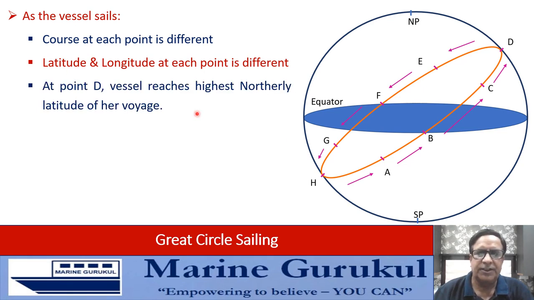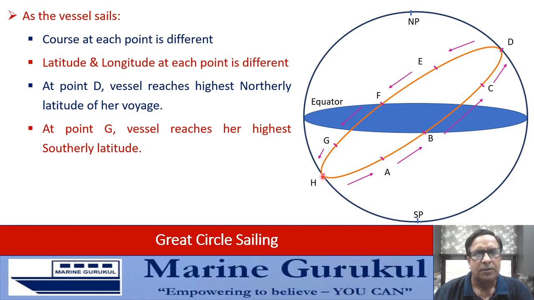And what do we see as far as coordinates are concerned? That of all the points along the great circle, point D is the point where the vessel shall reach the highest northerly latitude, and likewise point H would be the point where the vessel shall reach the highest southerly latitude.